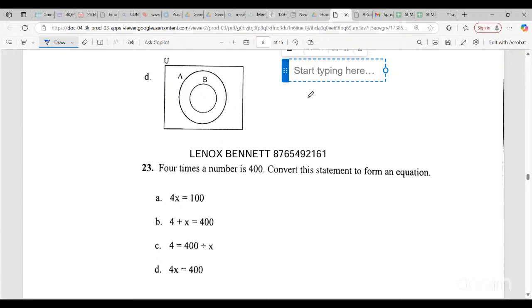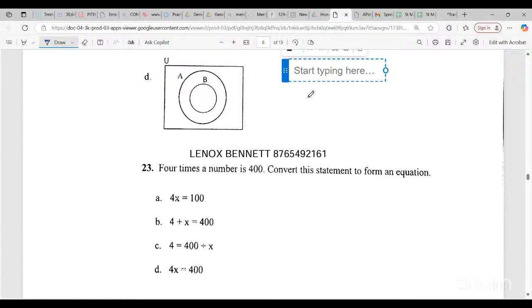Go ahead. So, sir, the reason why it cannot be C, sir, is because it would say 4 equal to 400 divided by x. Sir, we do not know what x is, sir.